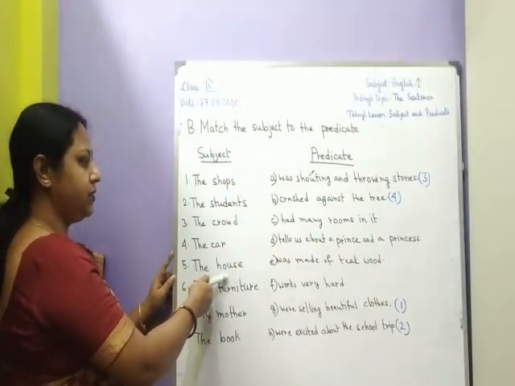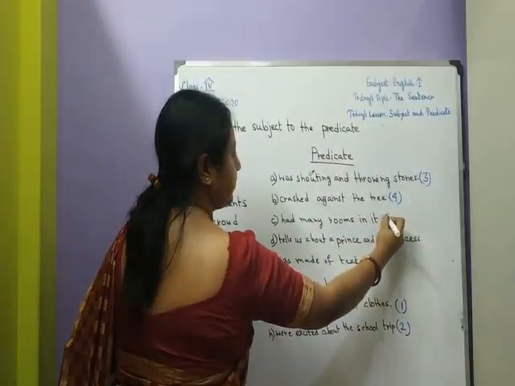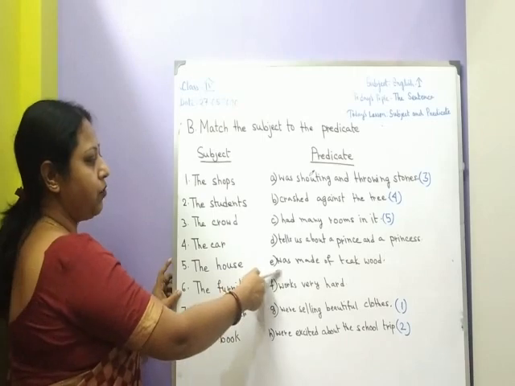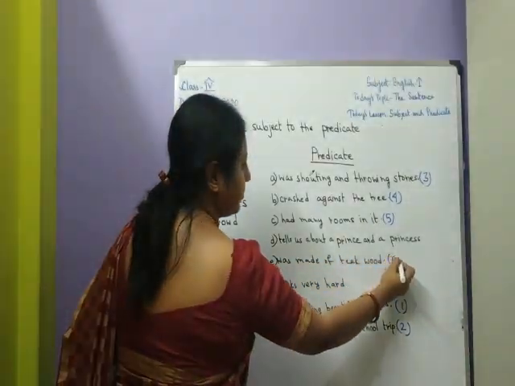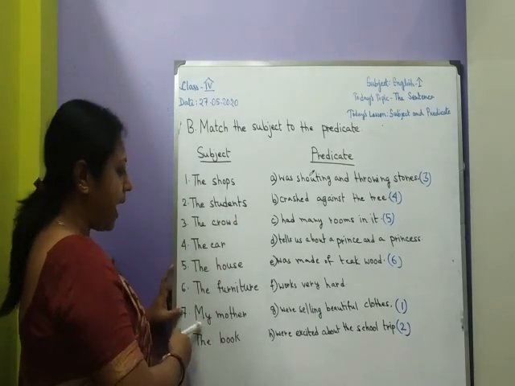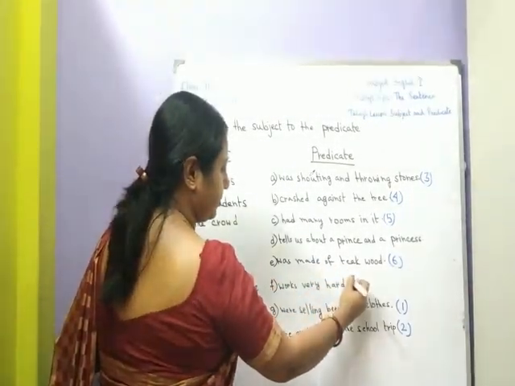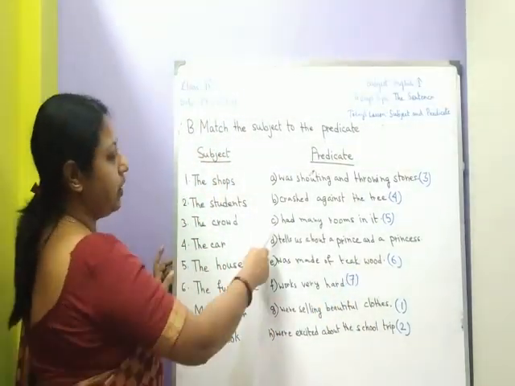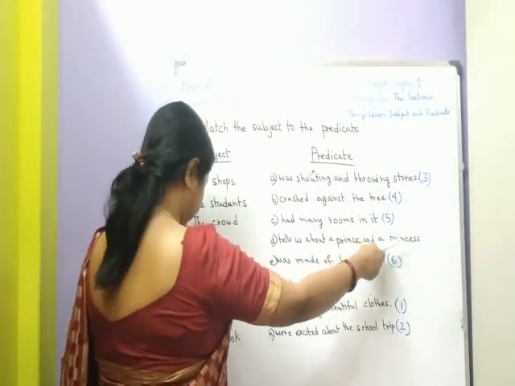The house had many rooms in it. The furniture was made of teak wood. My mother works very hard. The book tells us about a prince and a princess.